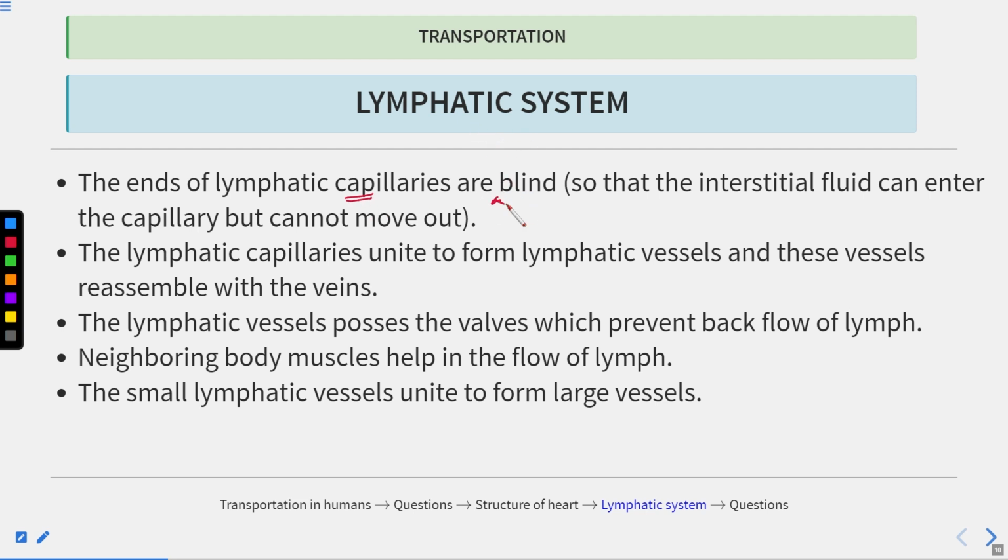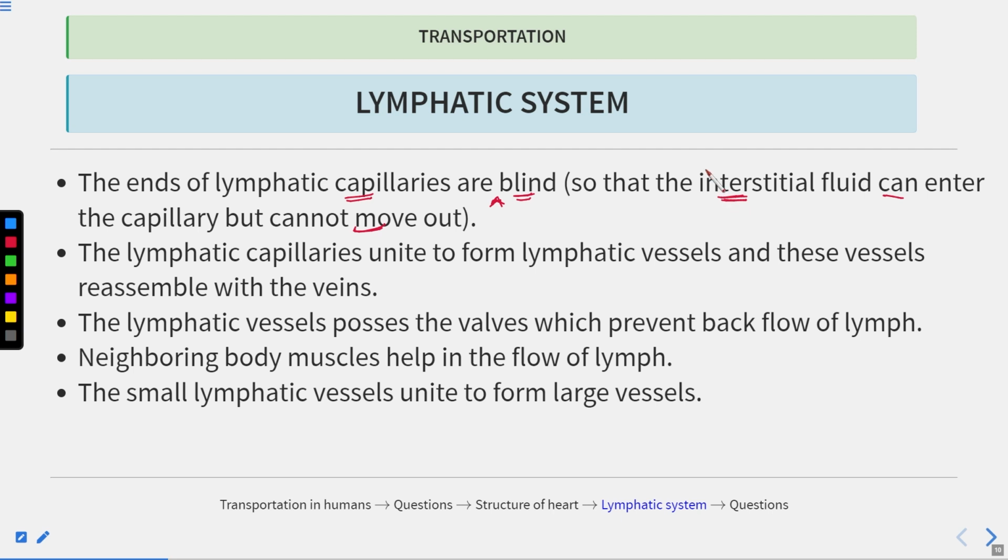All right. Why are they blind? What does this mean? What is the reason why the lymphatic capillaries are blind? The reason is so that the interstitial fluid, which is present between the cells, can enter the capillary, but it cannot move out. That's why the lymphatic capillaries are blind.